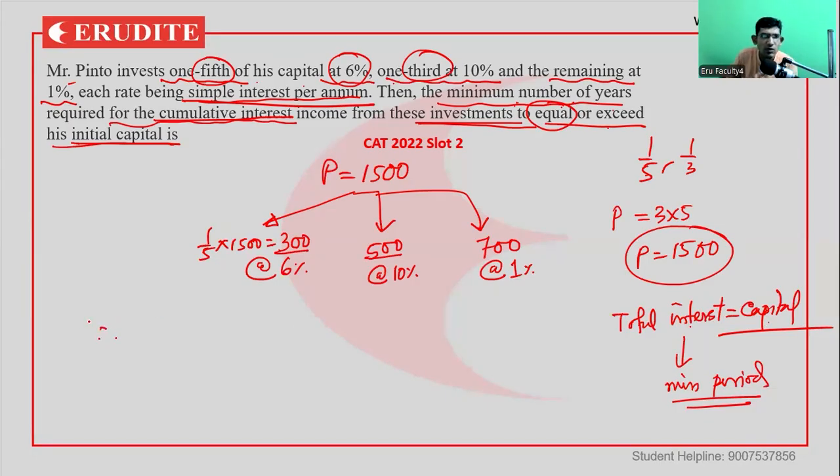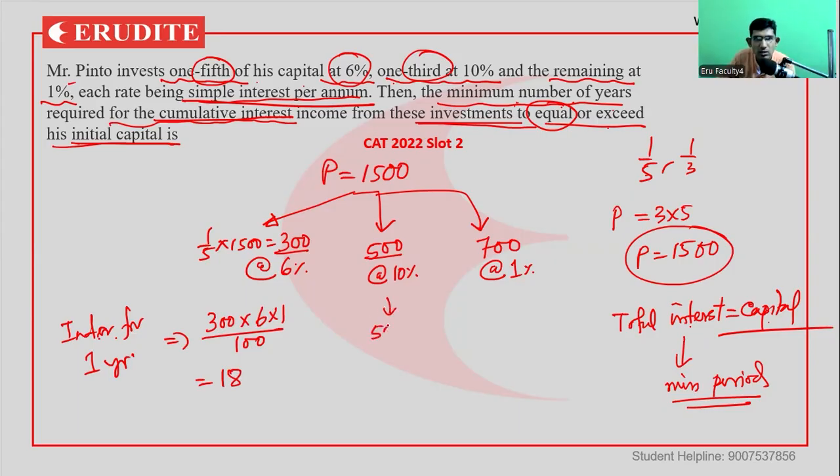Now, what is my interest for 1 year in each case? This is basically PRT by 100. So 300 into 6 into 1 by 100, which is equal to 18. This one, 500 into 10 into 1 by 100, which is equal to 50.